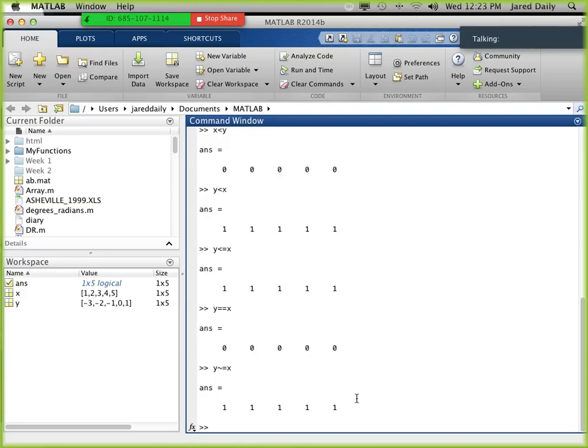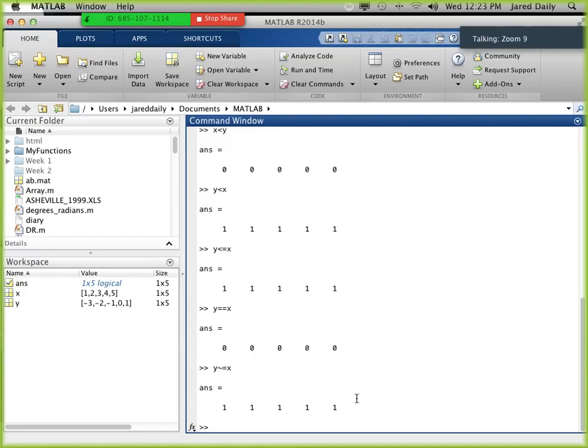So you could use this to ask MATLAB if y is less than or equal to x, and then if it is, you could tell MATLAB to do something. And if it's not less than or equal to x, you could tell it to do something else. And that's what we're shooting for.